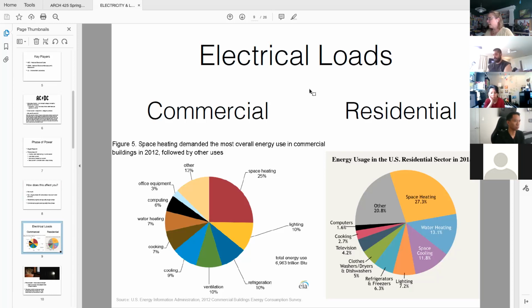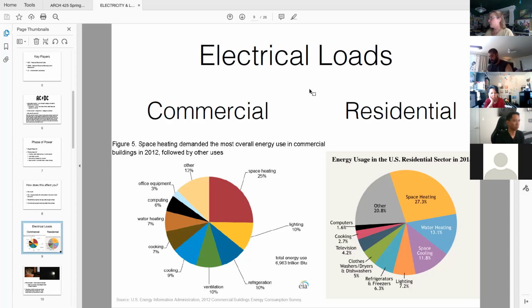But I like these two charts because they break out space heating from space cooling. A lot of electrical breakdown loads just say building conditioning, 33% of your load or 45% of your load. I like to see it broken down between heating and cooling.